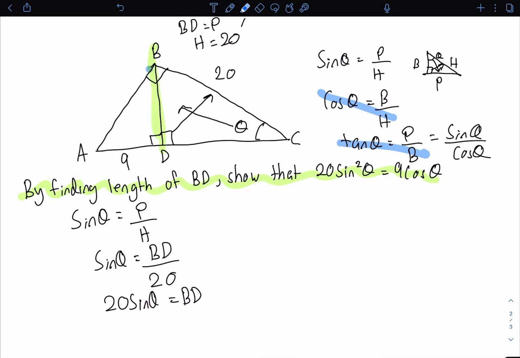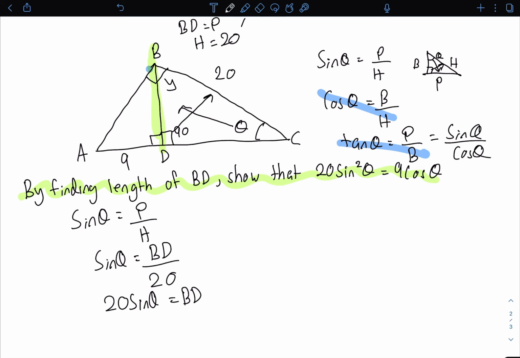It's a bit confusing, but let's jump right back to triangle BDC. We know that the sum of angles in a triangle is 180 degrees. So this is 90 degrees, this is theta, and this is the unknown. Let's label that as y for now.